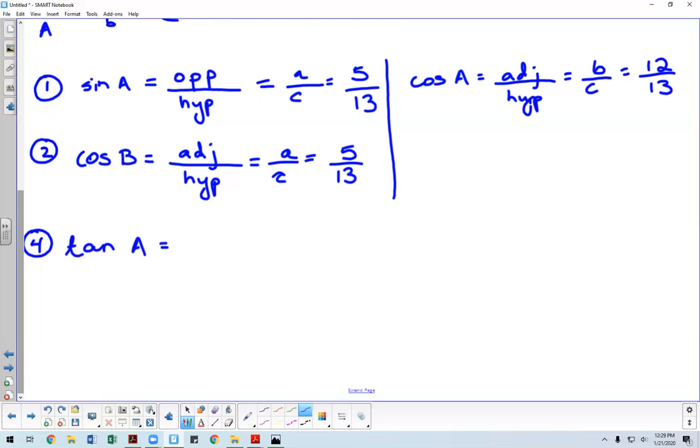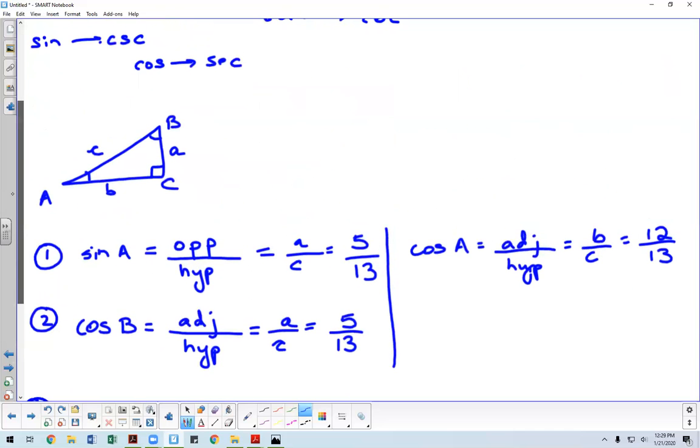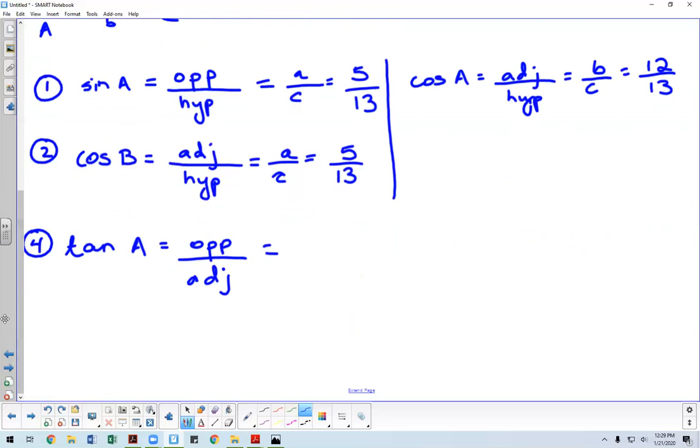So remember now, tangent is TOA, which means the opposite side goes on the top, adjacent goes on the bottom, right? We're still keeping the same values here. So when we're talking about opposite over adjacent, that's going to be A over B. But now for this triangle, they're telling us A is 9 and B is 12.